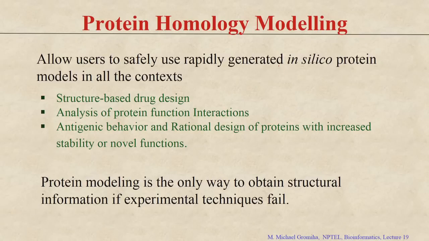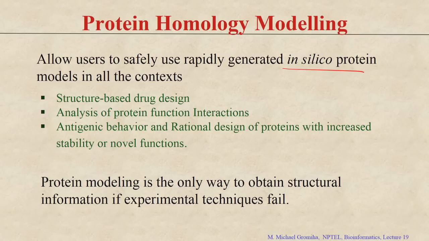So, how does protein homology modeling work, and why do we need to model the protein using homology modeling? Because if you want to do structure-based drug design or understand functionally important information for a protein, it is good to generate models using in silico protein structure prediction. Here I list some of the important applications.